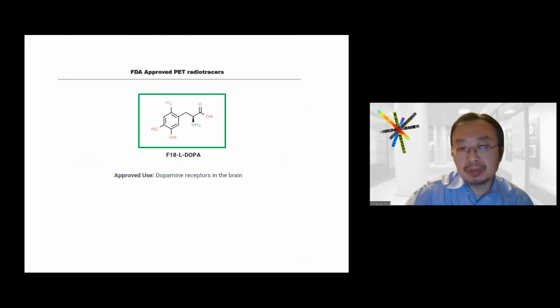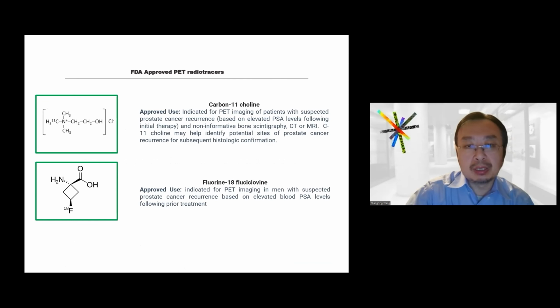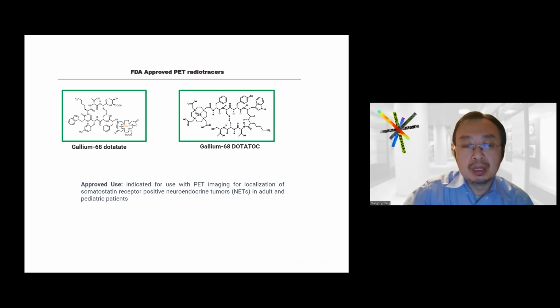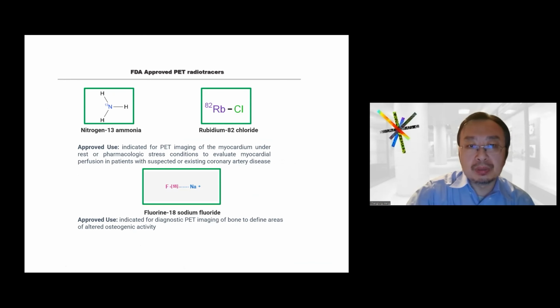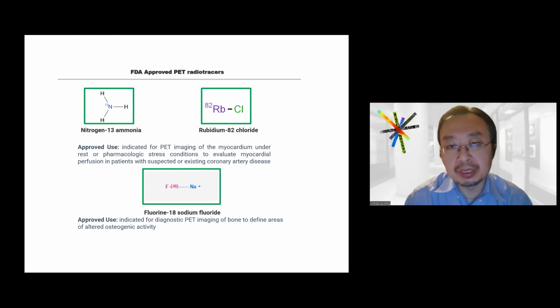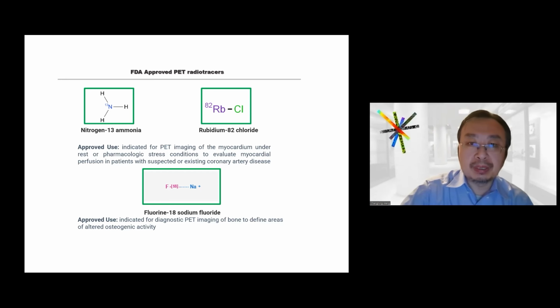F-DOPA is like a dopamine imaging agent, and there are some other simple small molecules for different cancer imaging, like prostate cancer imaging, and also some gallium-68 imaging agents, and also nitrogen-13 ammonia and other inorganic tracers also approved by FDA. So far, there are about 13 PET tracers approved by FDA, and only 100 to 200 go to human. So we still have a large space to find new tracers.